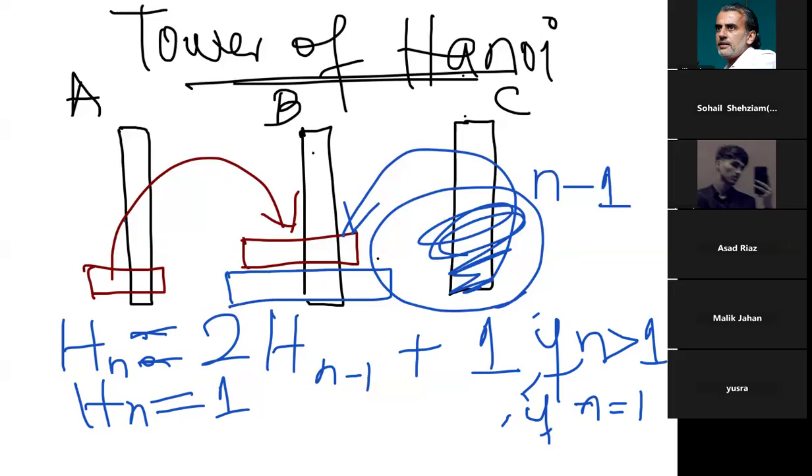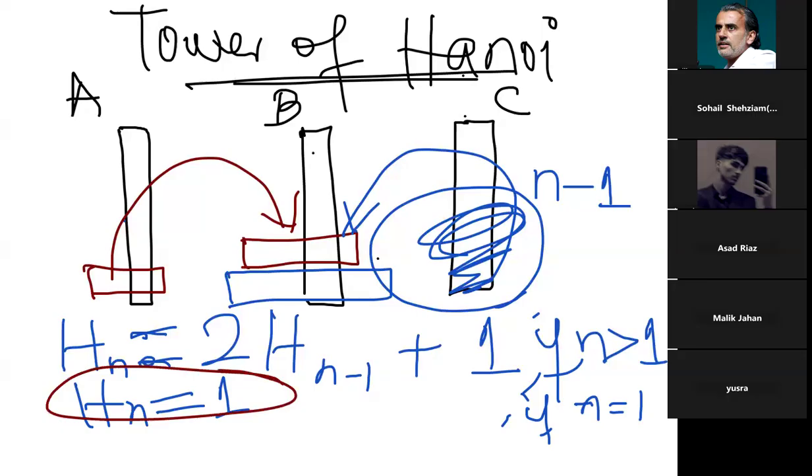The problem has been decomposed in terms of its moves into sub-problems. We divide the problem into two parts. The first part contains the top n minus 1 disks, and the bottom disk is left alone, so that is moved conveniently. And we keep on applying that divide and conquer strategy. We keep on breaking down the problem into smaller pieces until we reach the simplest case where we know the answer.